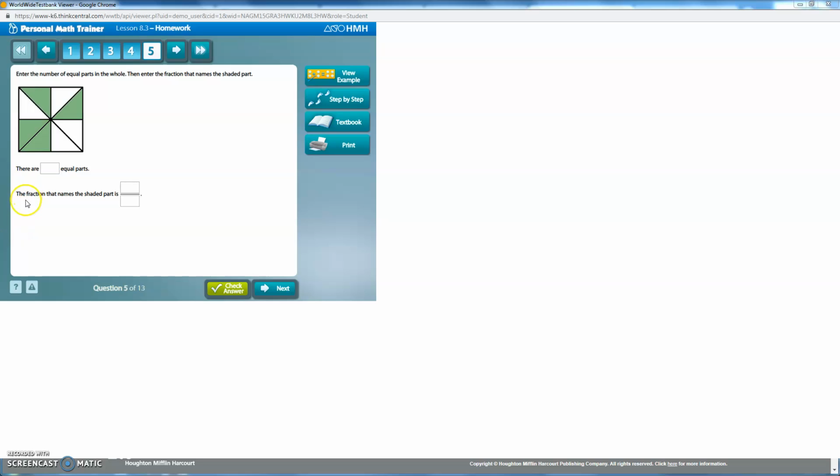And over here where it says the fraction that names the shaded part is, remember the bottom number, you're going to click on it and type in how many total parts there are in the whole. And then on the top one, you're going to type in how many are shaded, the number that we're counting, the part that is shaded. That's what you need to do in the share and show.